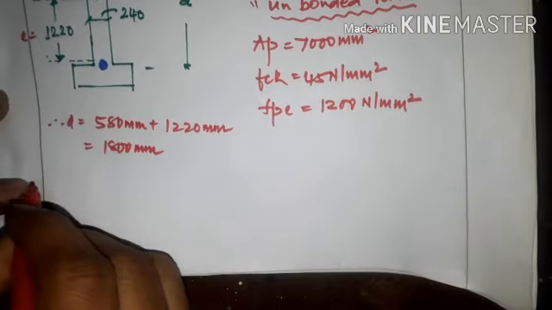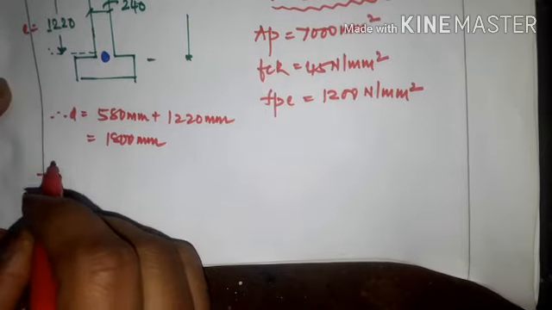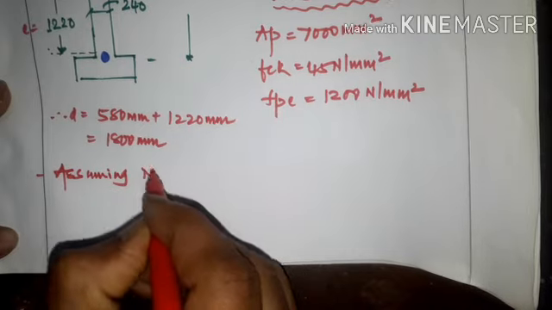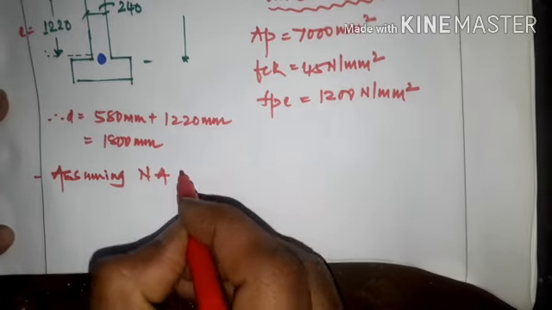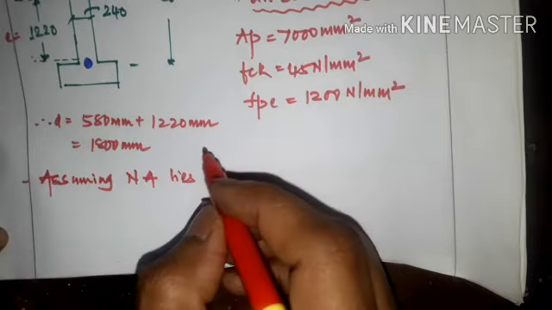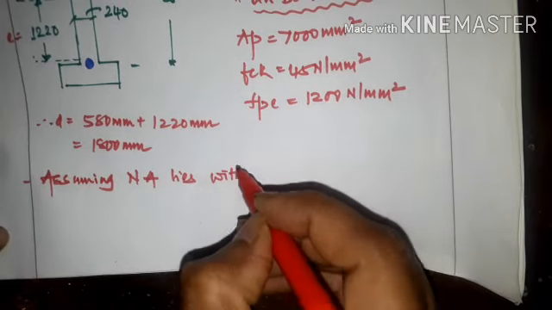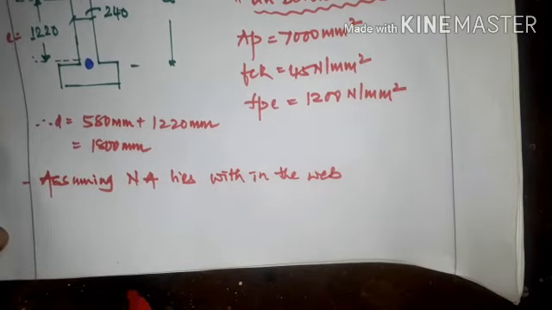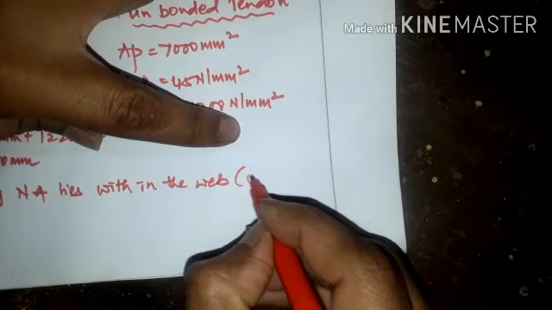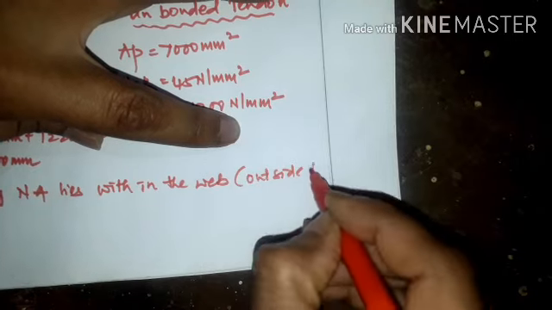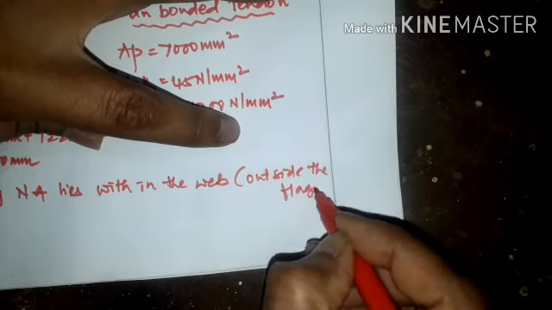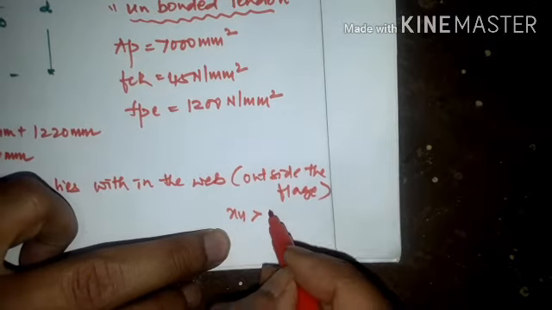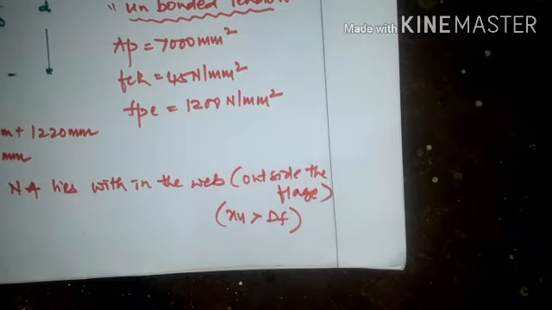So we'll go ahead, assuming again the neutral axis lies within the web. Neutral axis lies within the web means it is outside the flange, both are the same, or XU is more than DF.